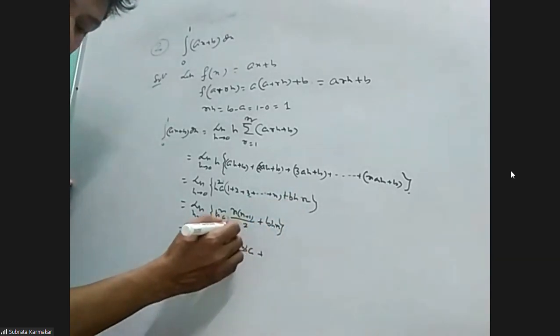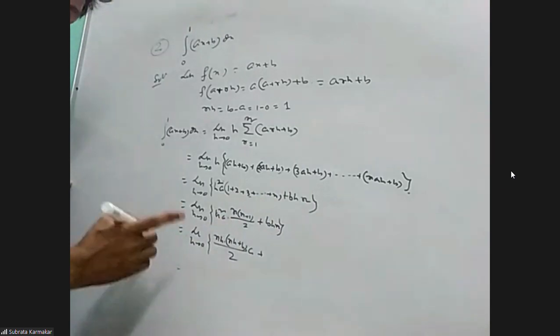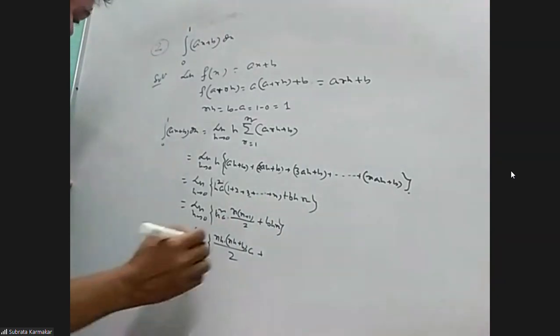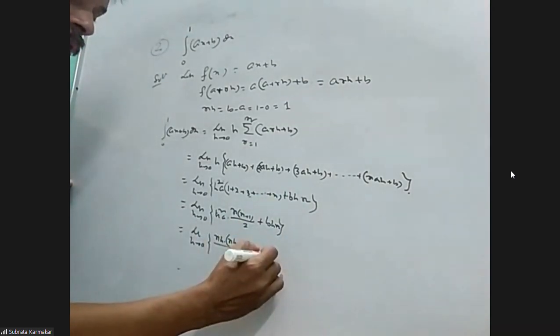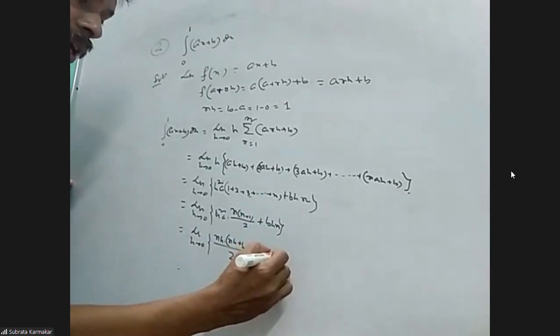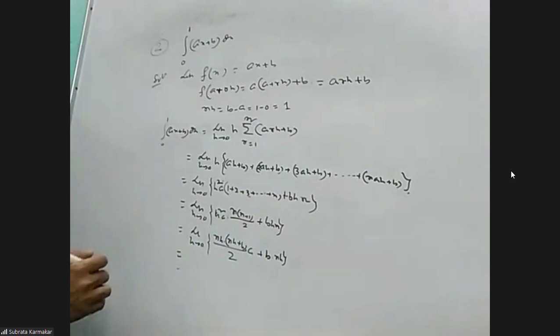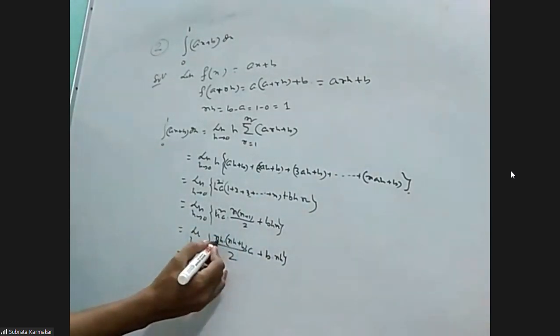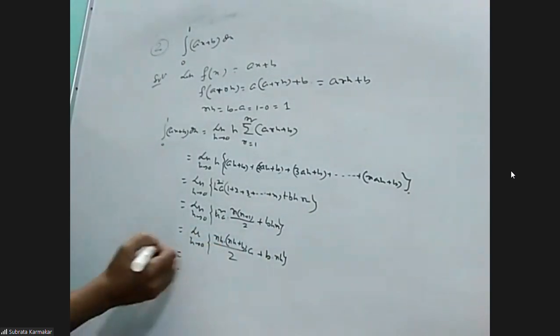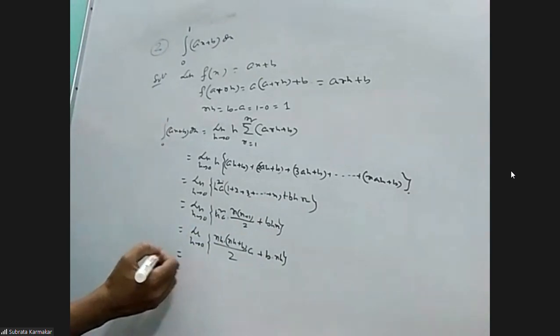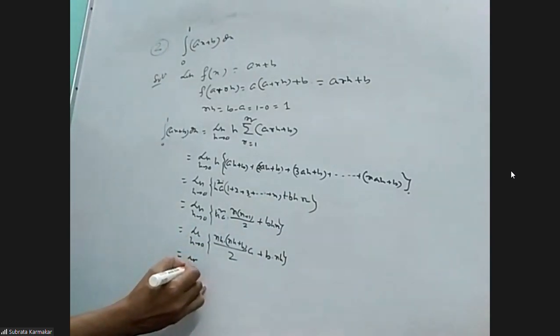As you know, nh means upper limit minus lower limit, which is 1. So b into nh, together we put nh equal to 1, and here 1 plus h. Be careful when you are putting the value.